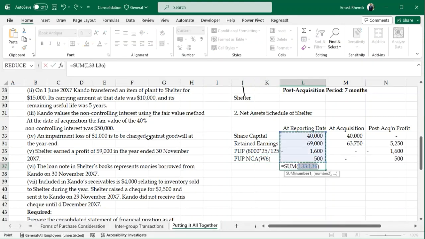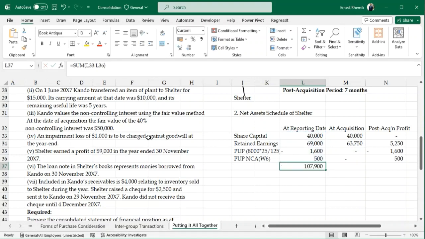So I have Alt equals, add everything together here, and then I can copy my formula across. So we have this nicely. Let me put some borders here, top and bottom, and then bolding it.